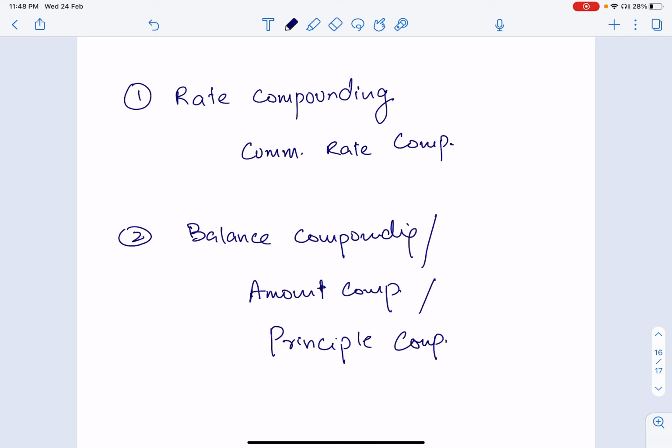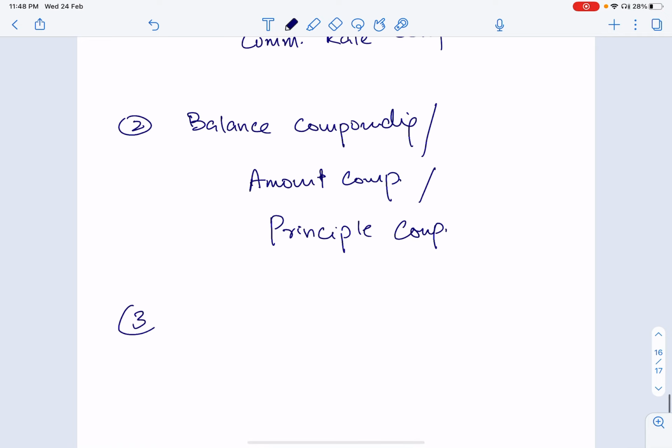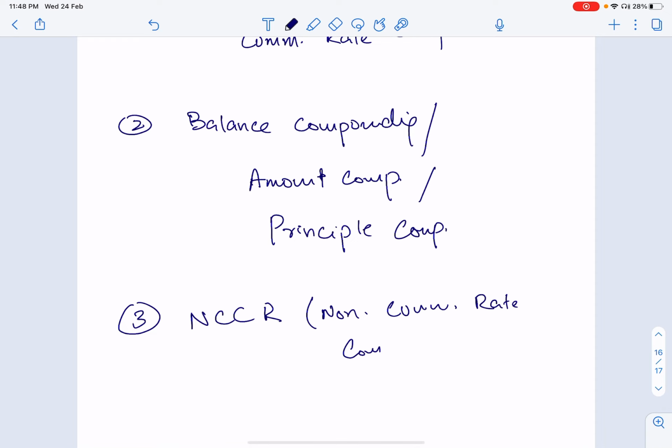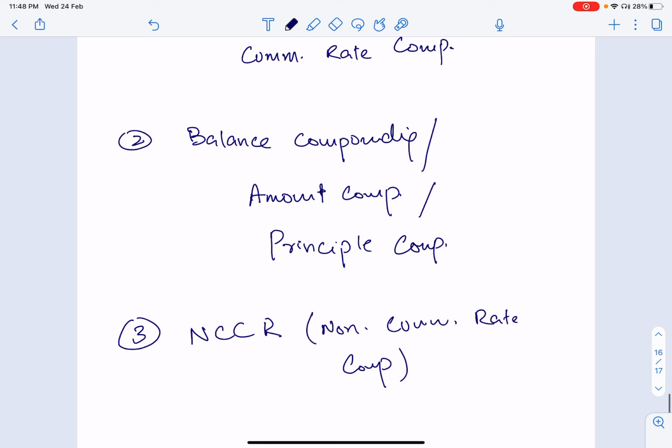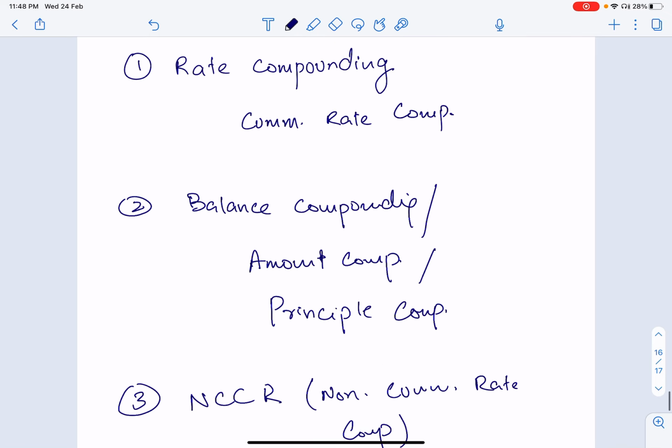There is another version of rate compounding, which is NCCR, non-cumulative rate compounding. Non-cumulative rate compounding is basically another application of the cumulative rate compounding.